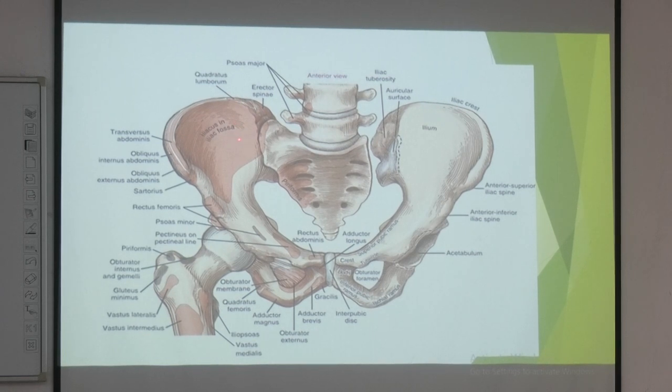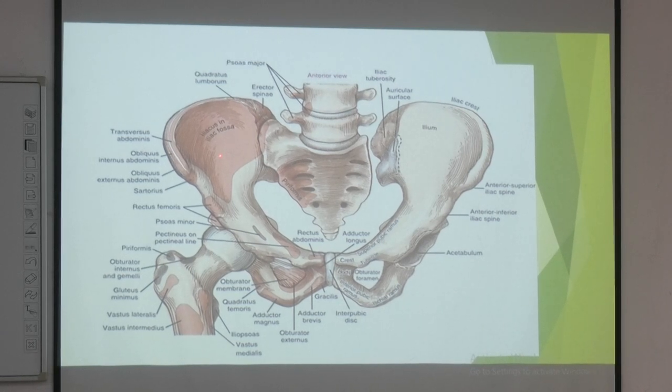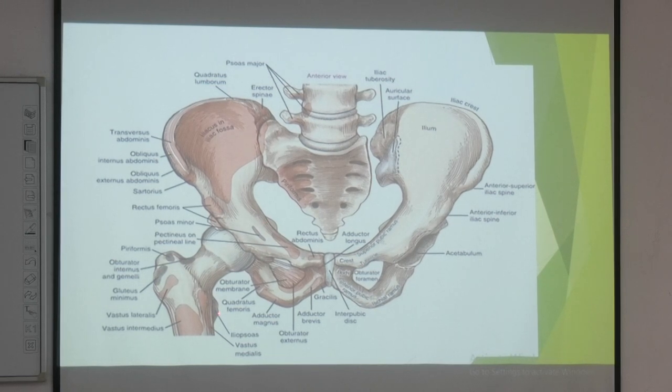This is the iliac fossa, and the iliacus is attached here. This iliacus, along with the psoas major coming from here, which is attached on the vertebrae along with the sacrum, come together like this and end on this small tubercle, the lesser trochanter.